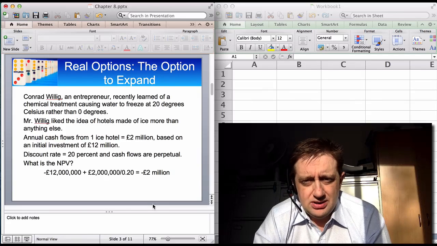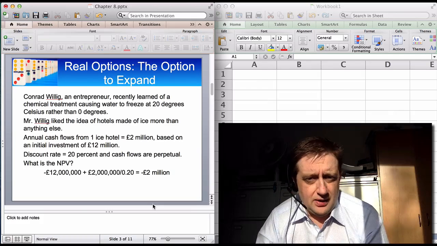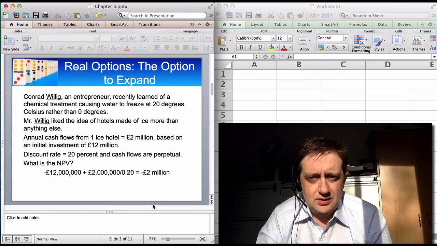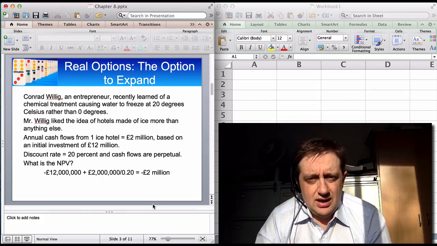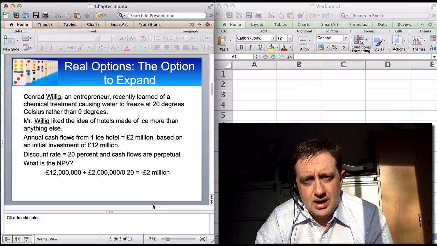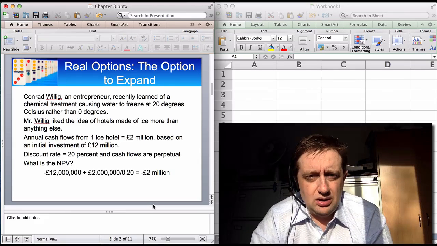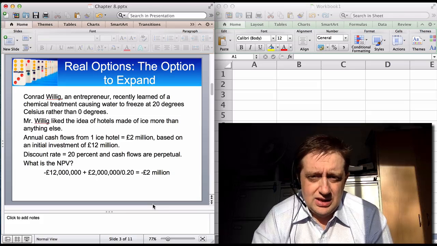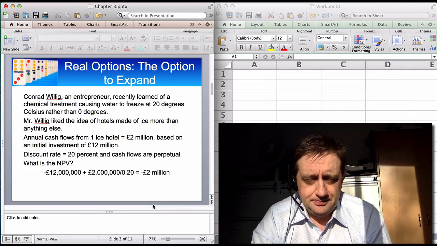Now, NPV analysis assumes that you're actually going to stick with the project for, say, 5 or 10 years, the lifetime of the project. But real options bring in a strategic element and a dynamic element into your decision making that allows you to incorporate decisions at points in the future to expand or to abandon.